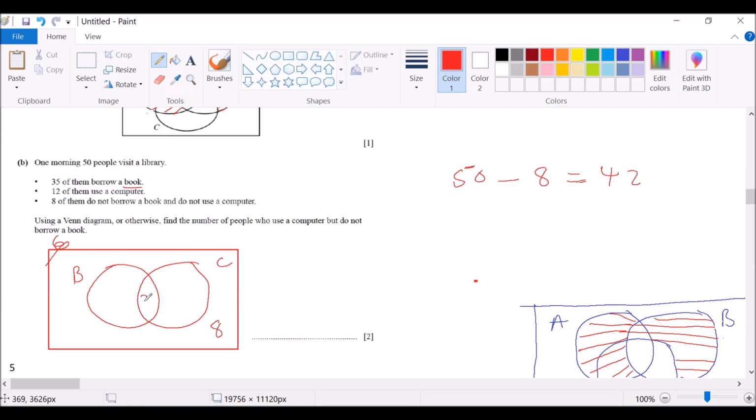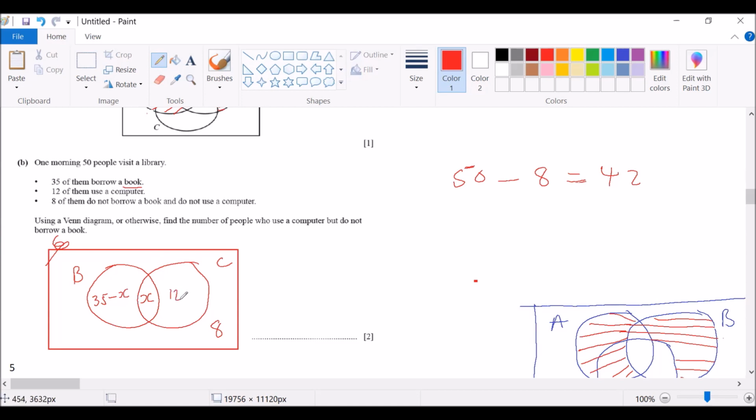If we say X amount of people used a computer and borrowed a book, so what would we have out there? 35 borrowed a book. So 35 minus X are the ones who just borrowed a book and did not use a computer. 12 of them use a computer.